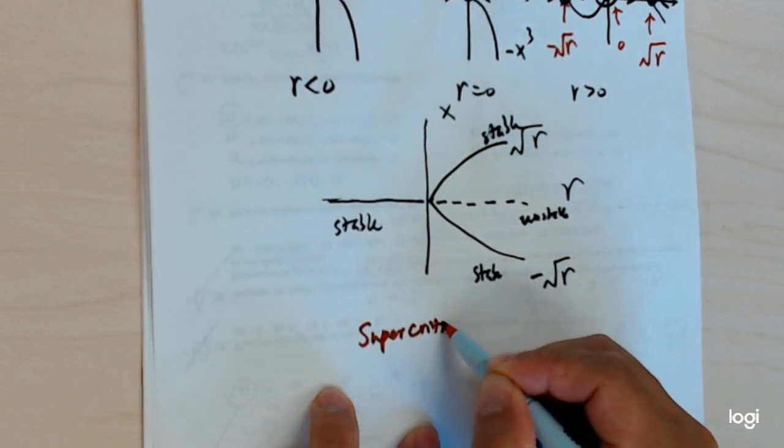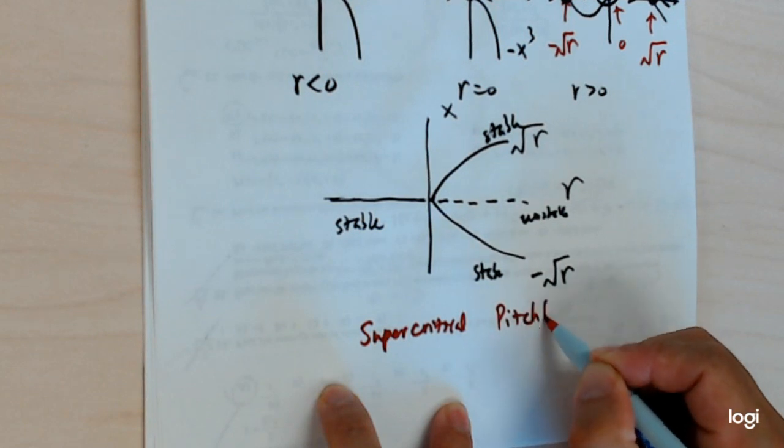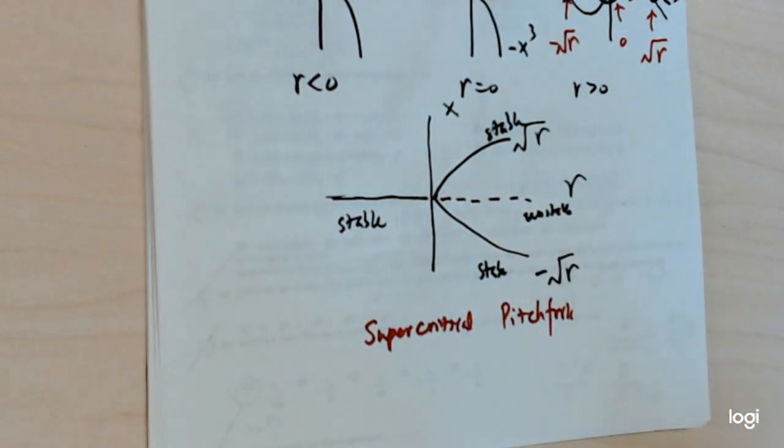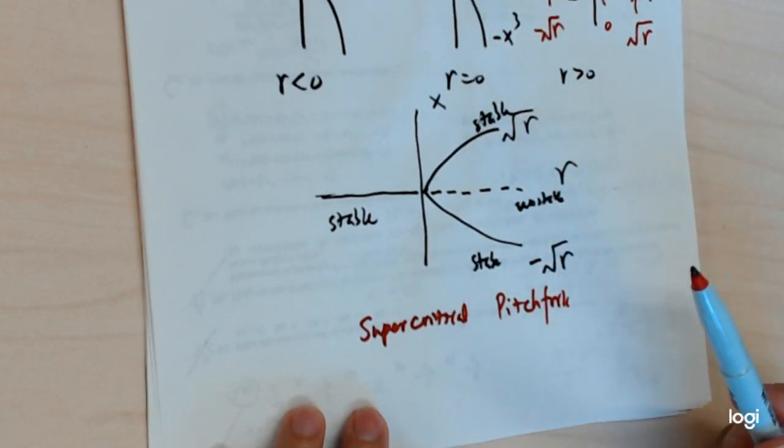The second category is subcritical, when those 2 branches become unstable.